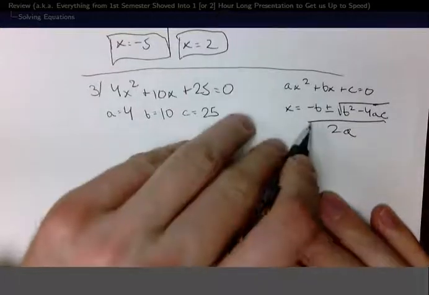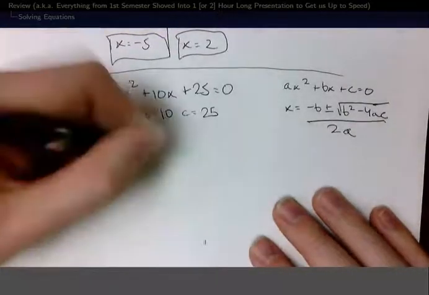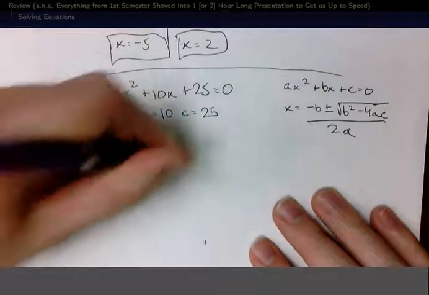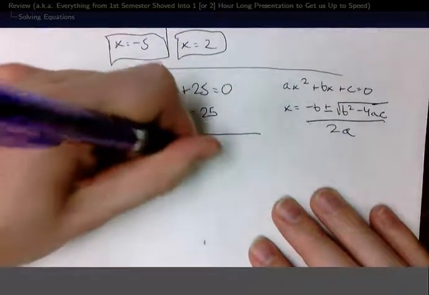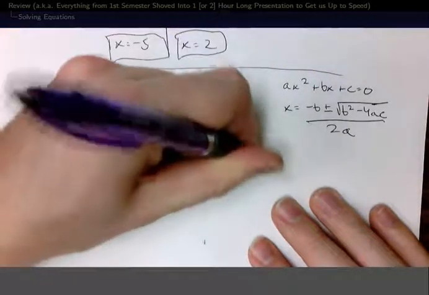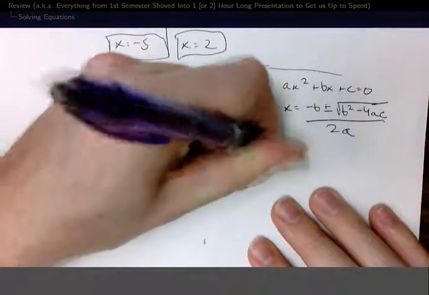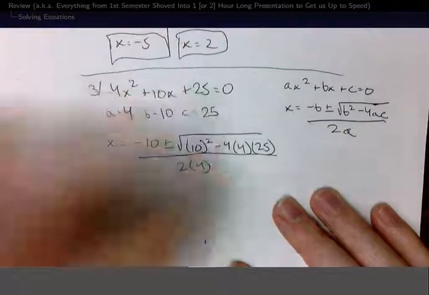Then it's just a matter of plugging those values back into my formula. So you have x equals negative b, so negative 10, plus or minus the square root of 10 squared minus 4ac, all divided by 2 times a.